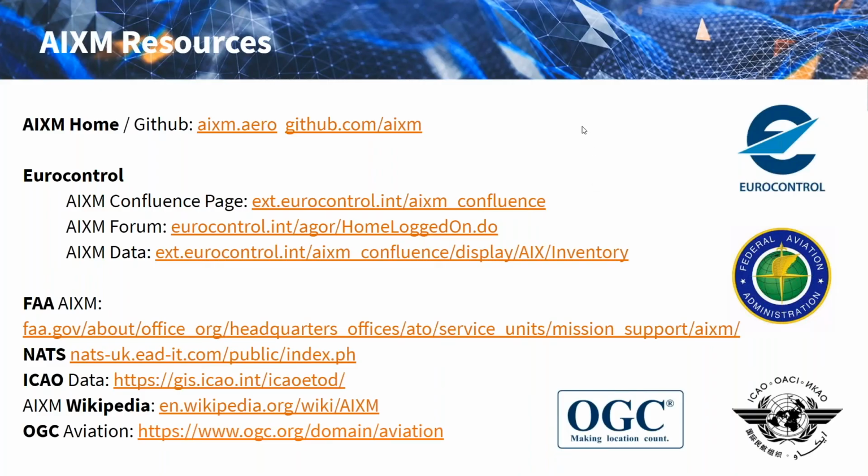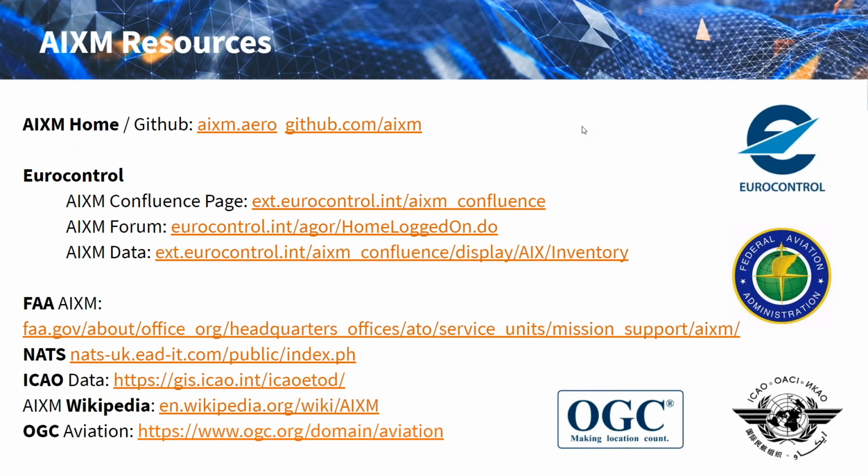There are tons of resources available for you. There's the GitHub and the home for AIXM, AIXM.aero, which has been published by the FAA and Eurocontrol. I found the Confluence page for Eurocontrol quite handy, so they've done a good job of maintaining that. The FAA has a good intro and overview of what AIXM is, and also a number of resources.